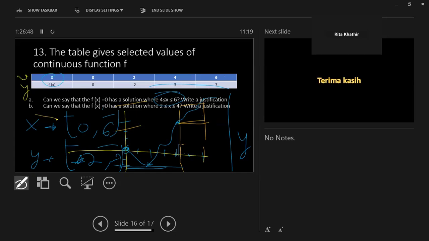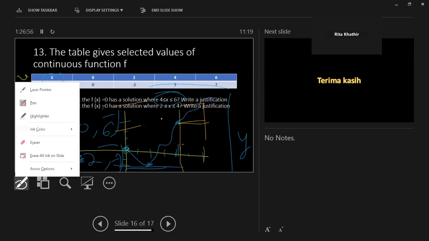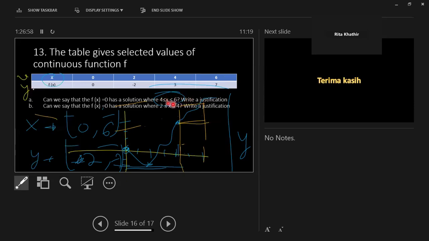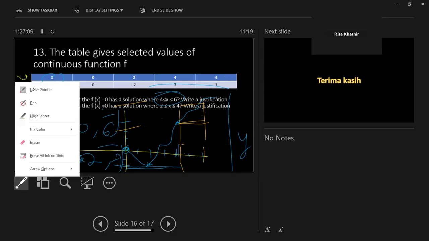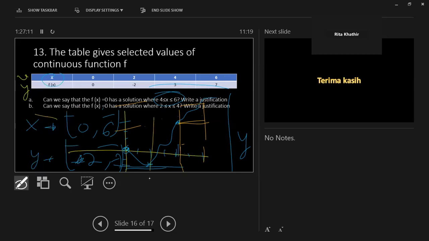Look at the second statement. Can we say that f of x equals 0 has a solution where x is bigger than 2 but smaller than 4? 2 and 4 is here. Do we have 0?